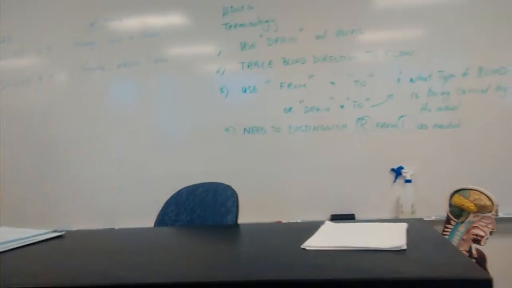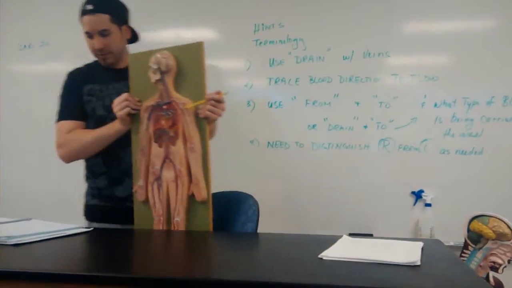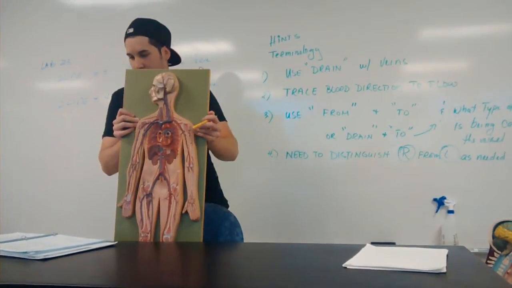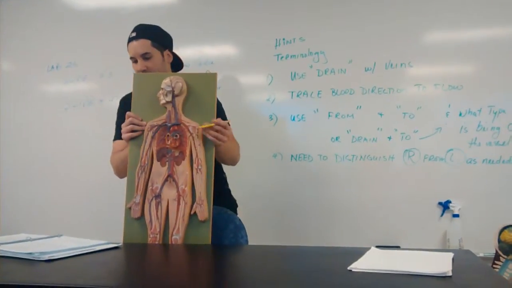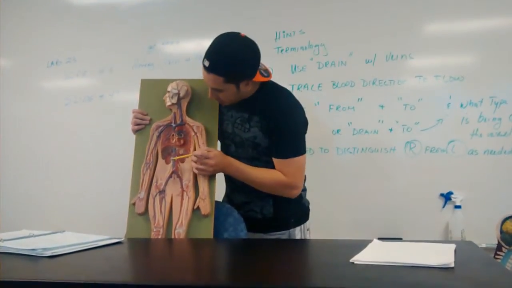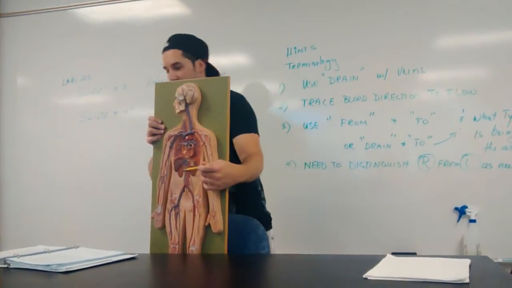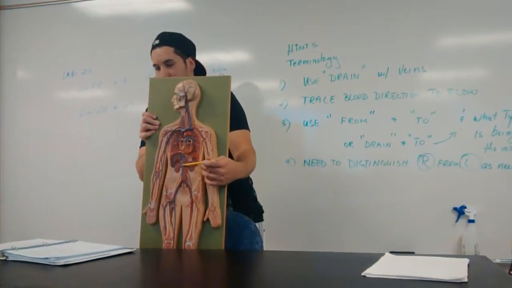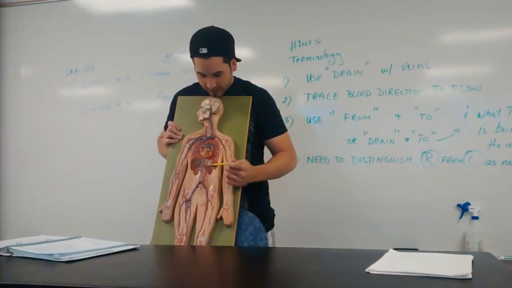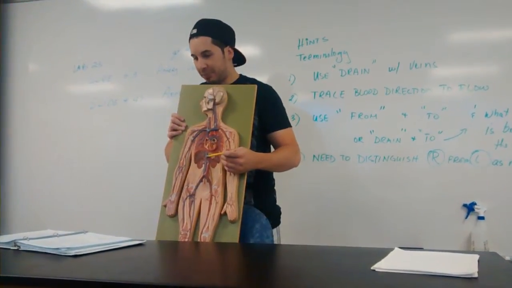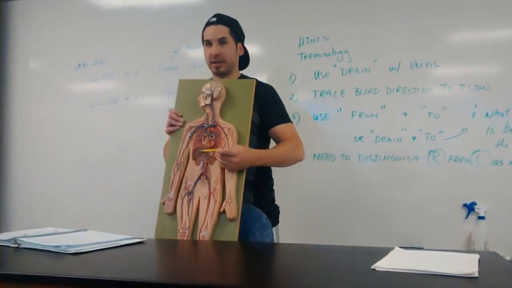Does anyone know what the hepatic portal does? Gastrointestinal to the spleen and liver. Yeah, so it carries deoxygenated blood from the superior and inferior mesenteric, splenic, and gastric veins directly into the liver.